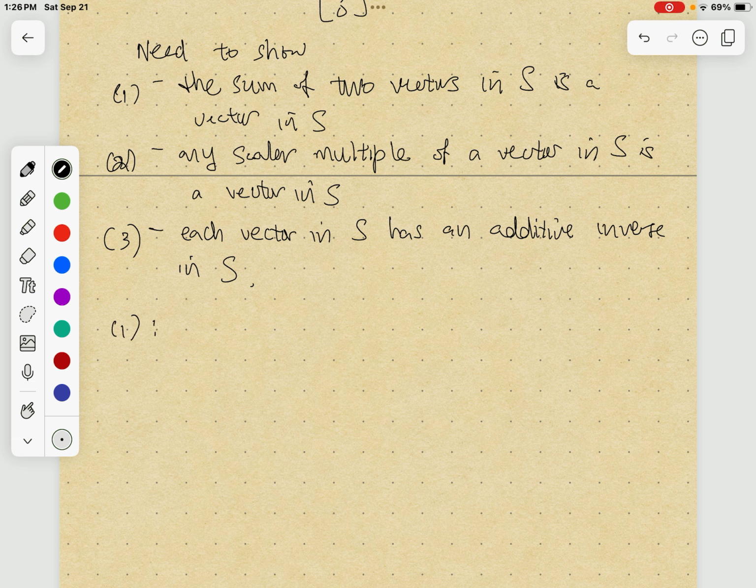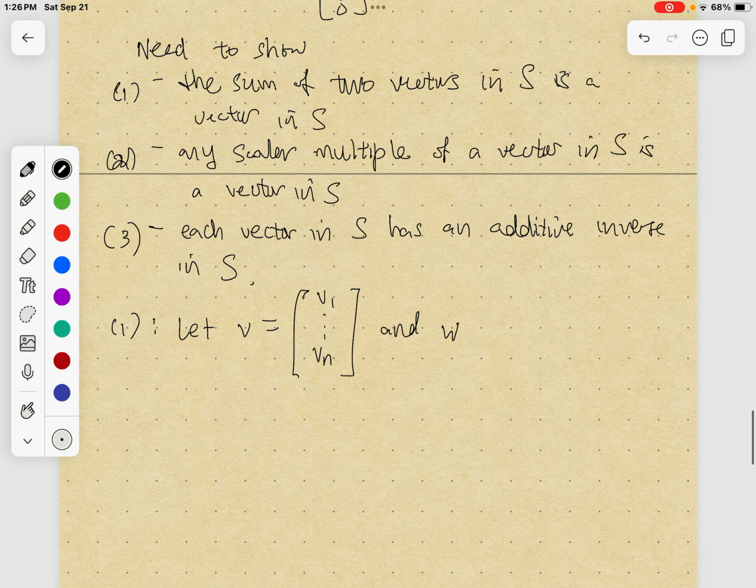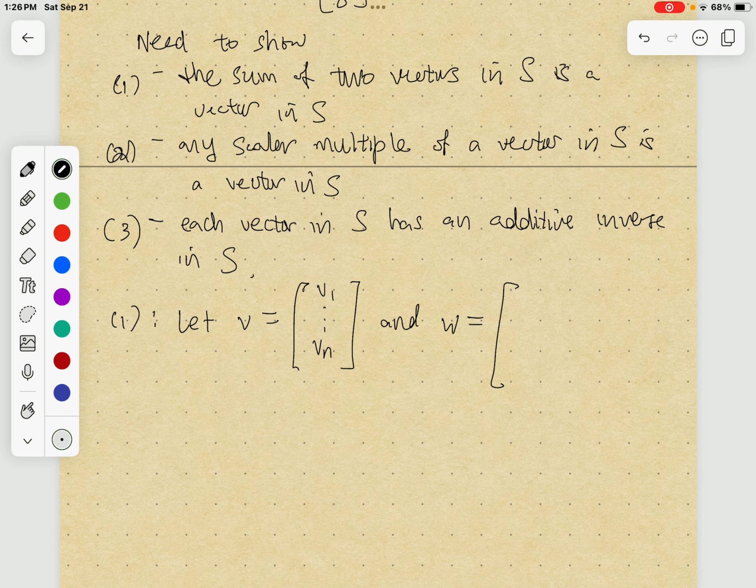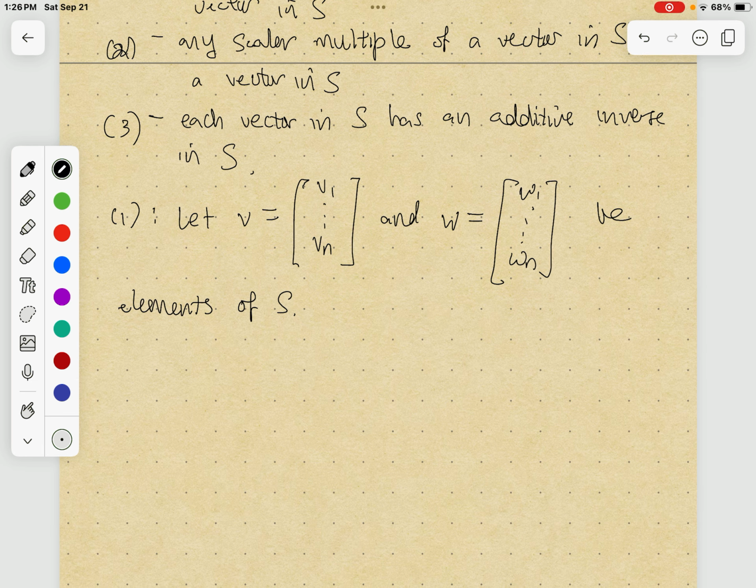So for the proof of 1, we need to show that the sum of any two vectors in S is a vector in S. So let V, say V1 through Vn, and W be W1 through Wn, let V and W be elements of S. So we want to show that the sum is an element of S.